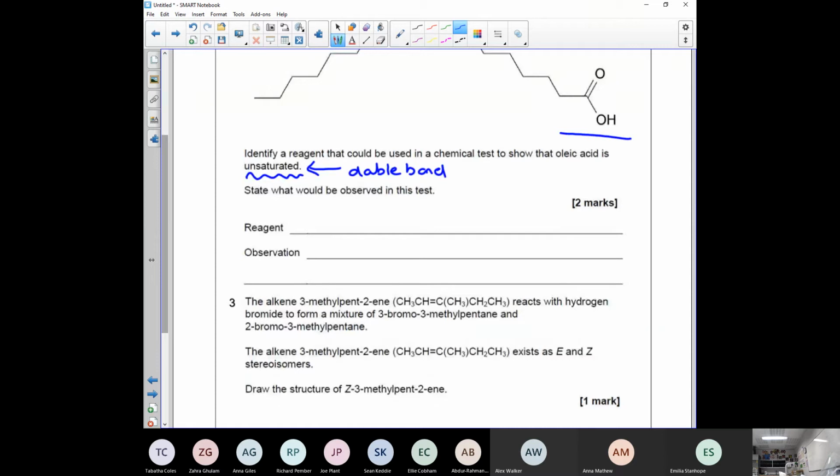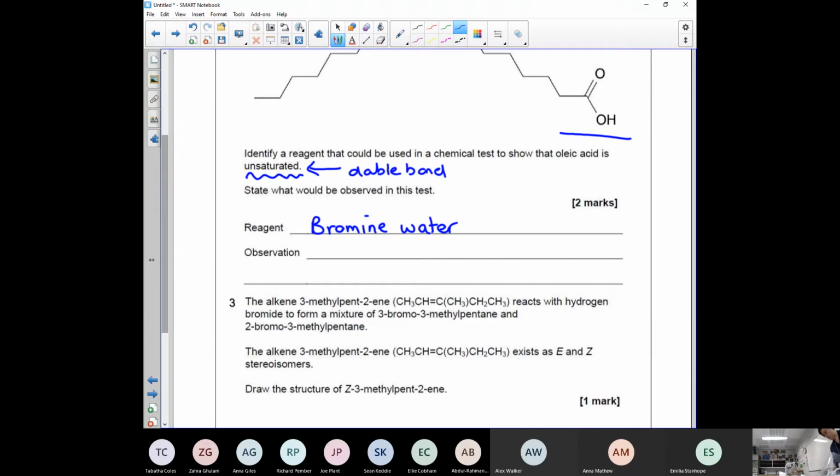So we've got to think of all the tests that we've looked over. I think this is a nice one because we use it at GCSE as well. So the reagent is bromine water. So bromine water could be used to test for a double bond.